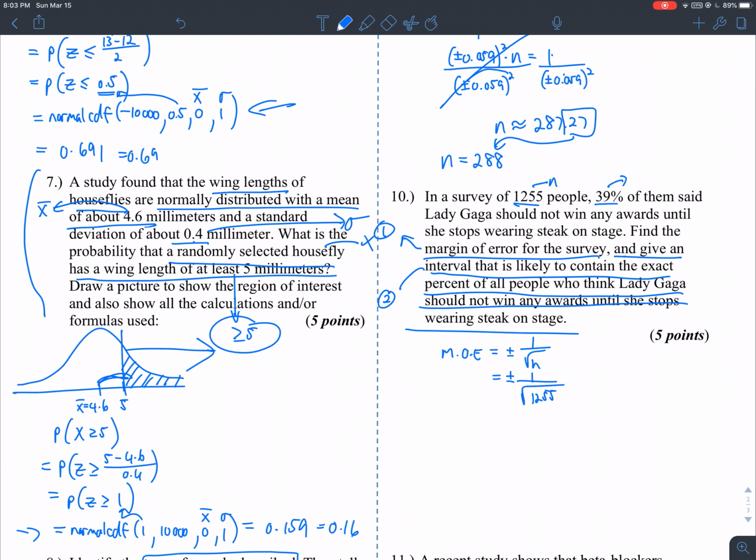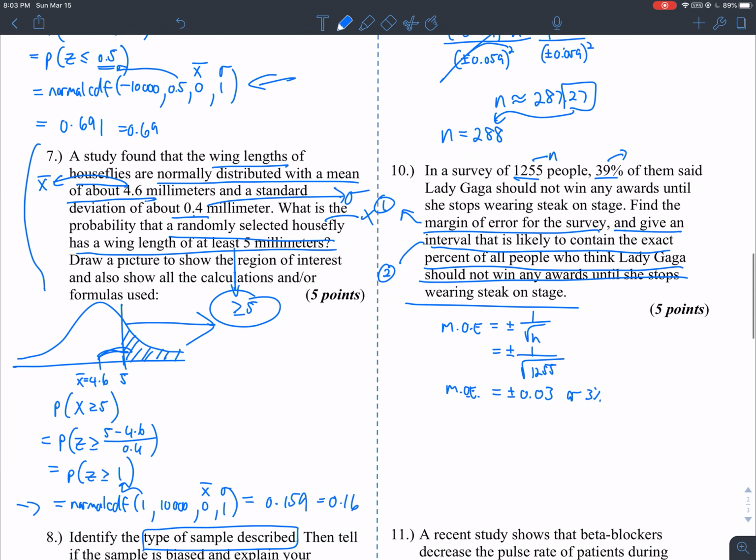So you just punch that in your calculator, and you get the margin of error is about plus minus 0.03, or 3%. Okay, so now if I need to come up with a confidence interval, or an interval that's likely to contain the exact percent, it's the 39 plus or minus 3%.